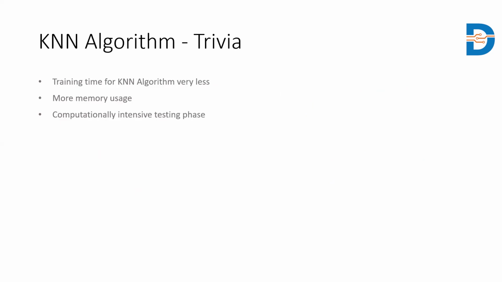Now, since the training time for KNN algorithm is very less, it is called lazy learner, but at the same time it uses huge amounts of memory because for each testing point coming in, it will have to use all the training data and calculate the distances and decide the neighbors. This algorithm is computationally intensive, particularly in the testing phase.